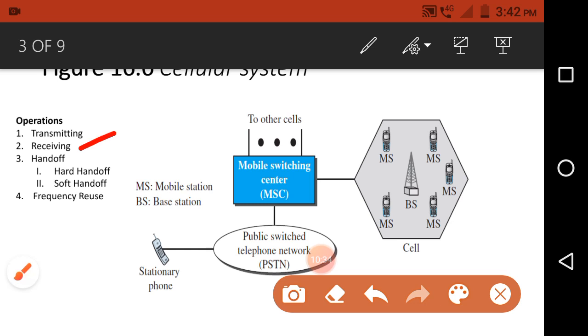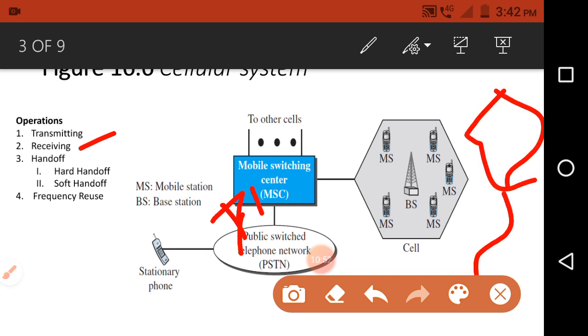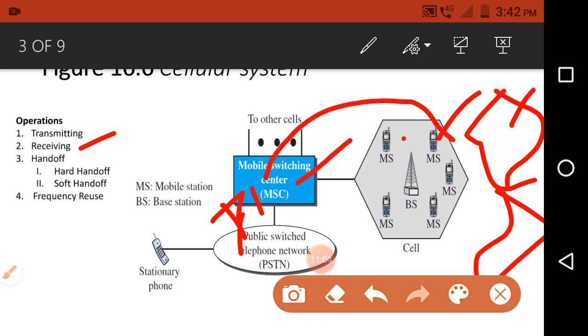Receiving means that whenever the mobile is called, the public switched telephone network sends that number to the mobile switching center. Using that number, the mobile switching center searches each cell. Whenever it finds the particular called mobile, it sends the ringtone to that mobile station.